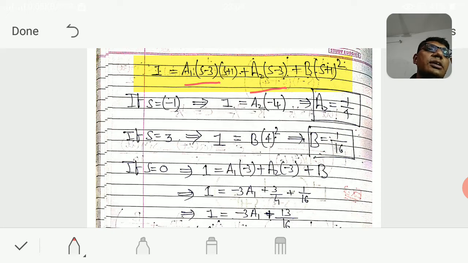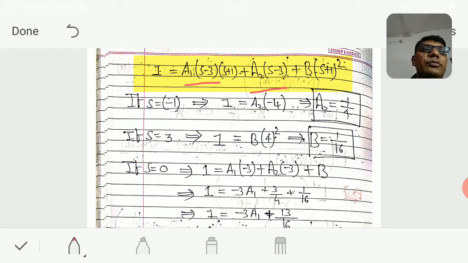Now to find a1 we will take s equal to 0 and put it in the yellow portion, then left side is 1, in the right side we get minus 3a1 minus 3a2 plus b.